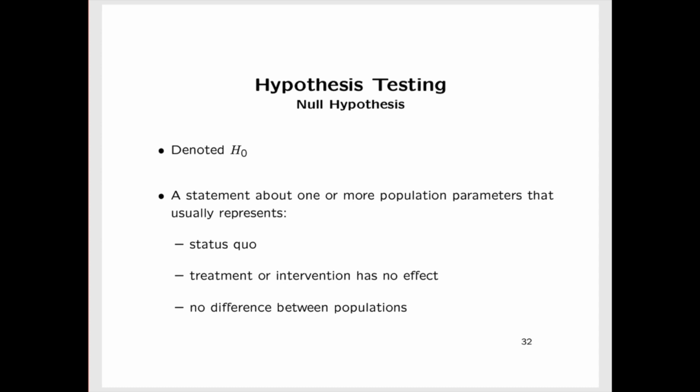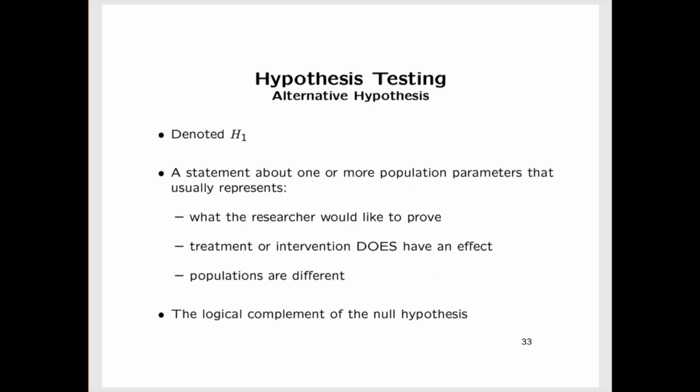The null hypothesis is denoted H sub 0. This is a statement about one or more population parameters that usually represents the status quo, that treatment or intervention has no effect, or that there is no difference between populations.